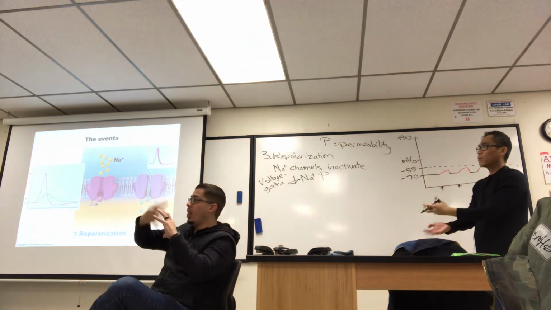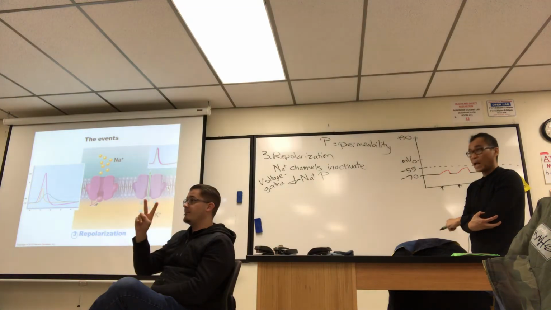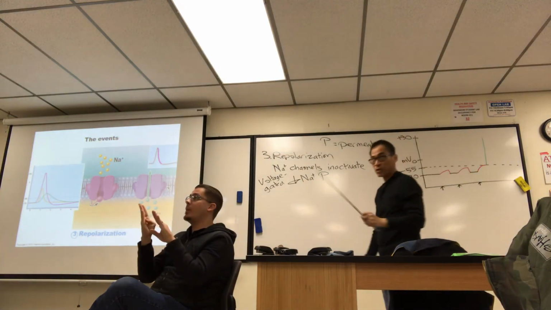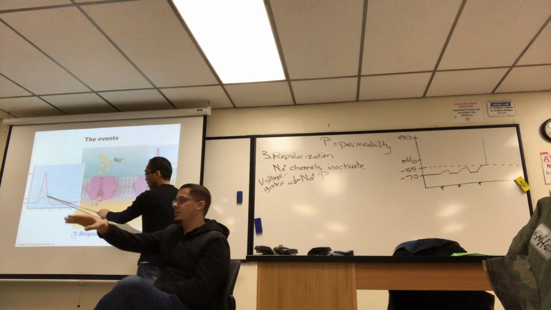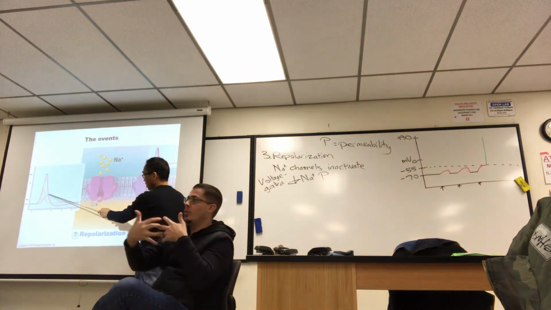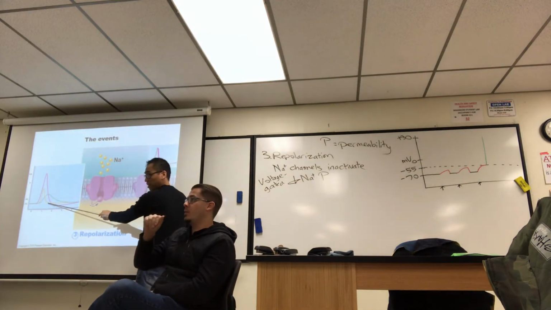And now the voltage-gated potassium channel is now open. Okay, so make the connection. Look at the green curve. The green curve, it's at its peak. Okay. The peak of sodium permeability is when the sodium channels have been inactivated.